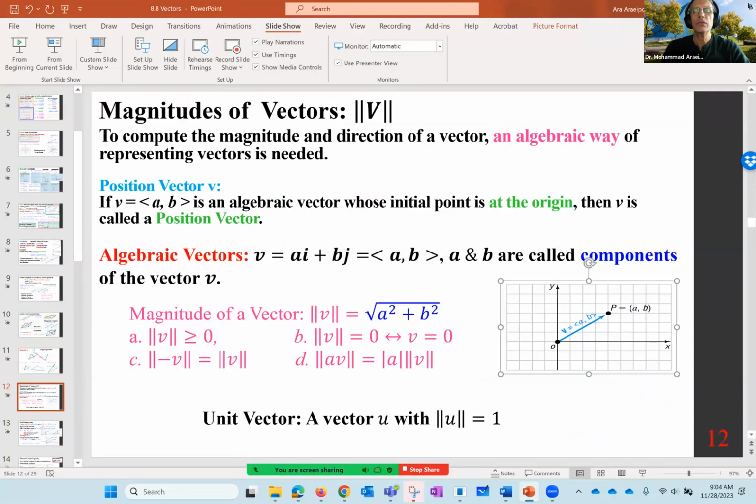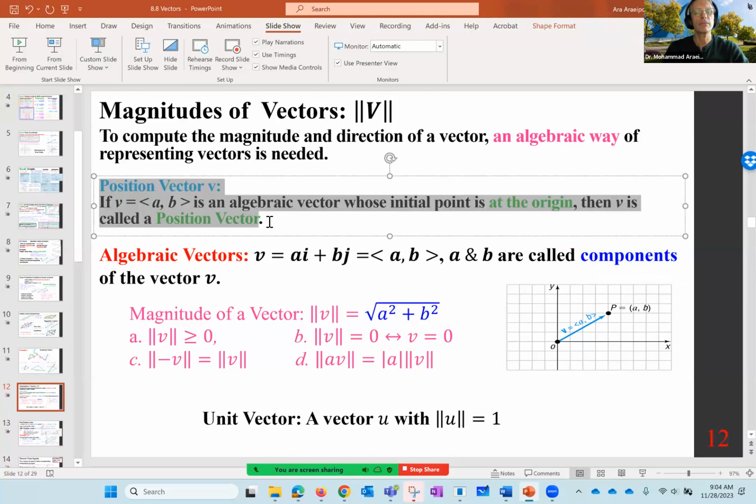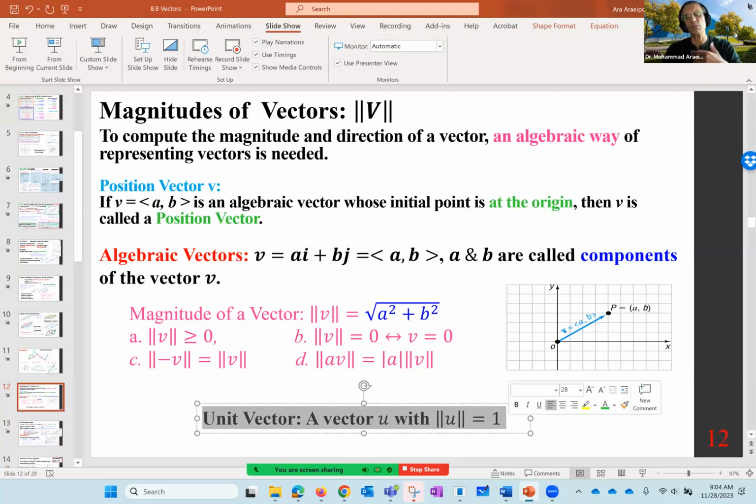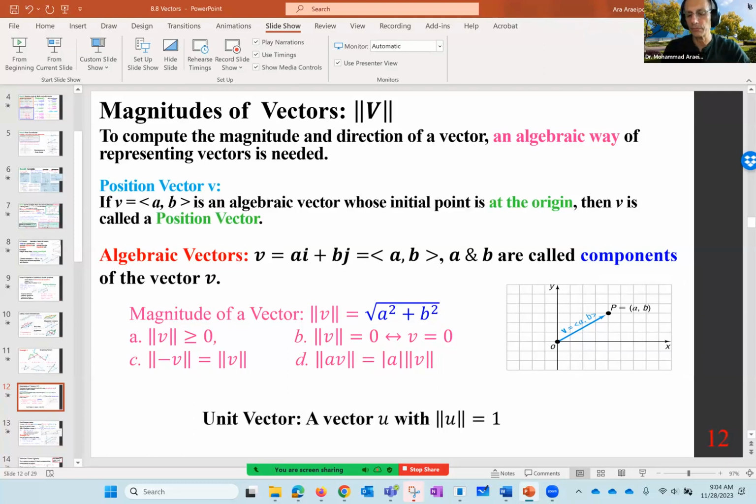And when we move the vector such that the initial point is at the origin, then it's called a position vector. And unit vector refers to a vector which has a size or magnitude or modulus equal to 1.